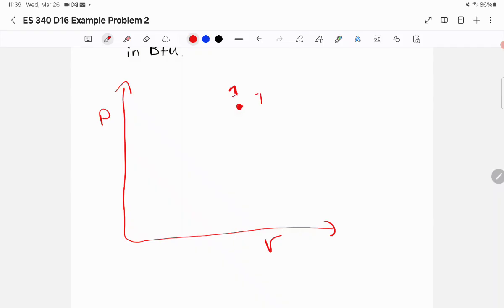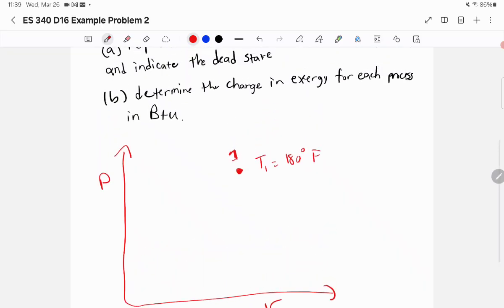And the temperature T1 is 180 degrees Fahrenheit, which, by the way, is approximately 640 degrees Rankine. You basically add 460 to the Fahrenheit to get it to Rankine, which will be important in a moment.